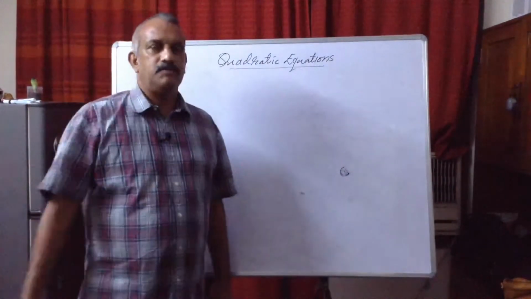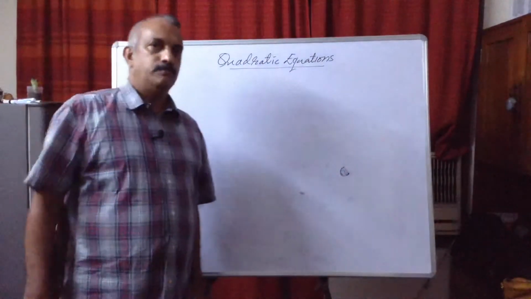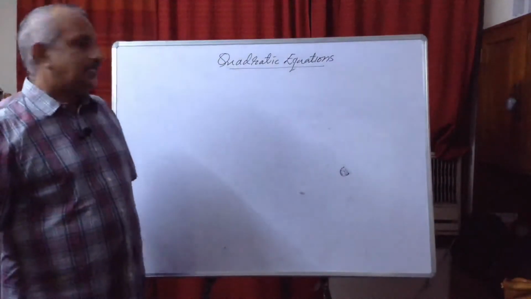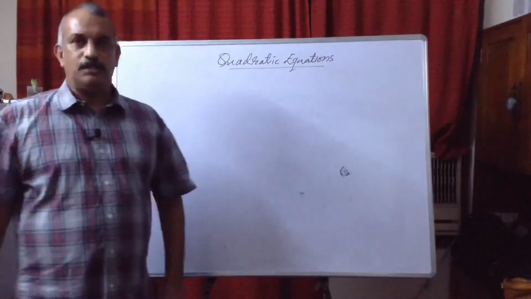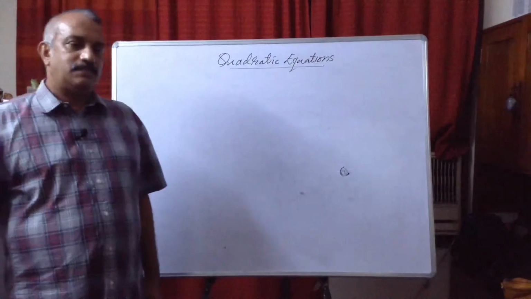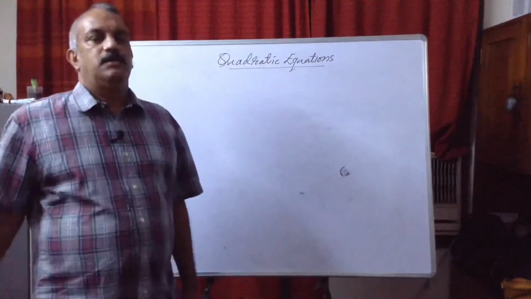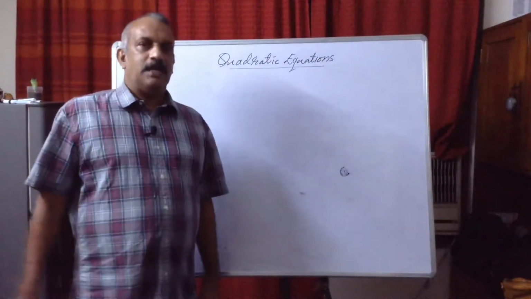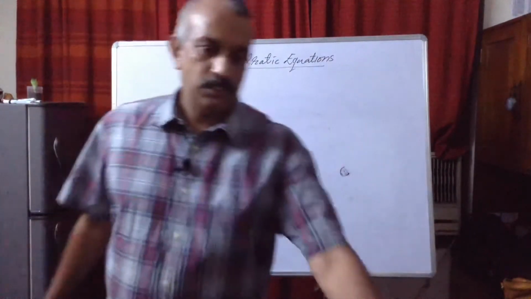We also did the derivation of the quadratic formula, which is not in the course now; it is deleted. And again, there is no word problem from quadratic equations. So only factorization and the quadratic formula, and checking whether a quadratic equation has 1, 2 or no roots, are in the course.